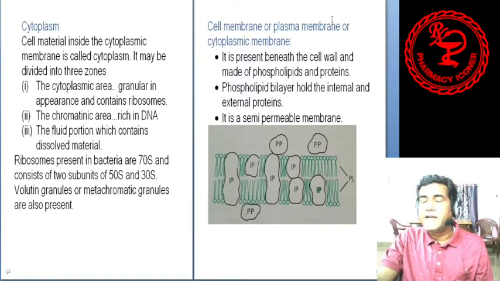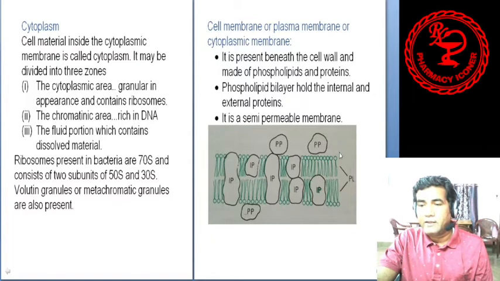It is present beneath the cell wall. It consists of a phospholipid bilayer, and along with the phospholipids there are some proteins present. The structure is like this. These green colored things are the phospholipid molecules, arranged like this.